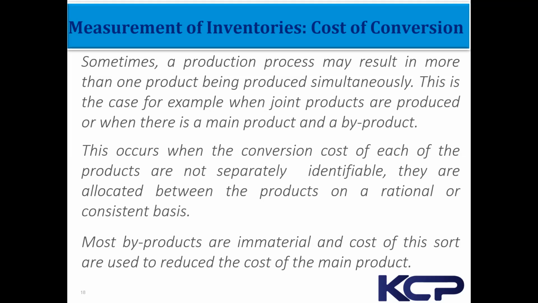Or from experience, that consistency could then mean that, oh, it is 2 kg to 8 kg that will be the cost contribution or cost incurred in producing the output. Most byproducts are immaterial, and costs of this sort are used to reduce the cost of the main products. I've also explained that.